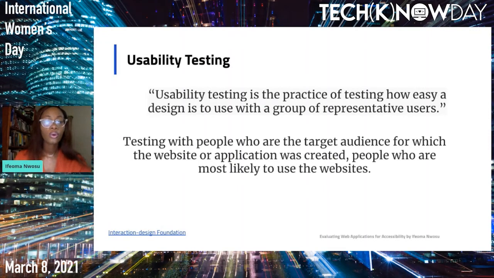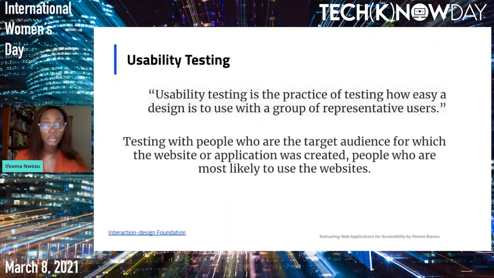You can look out for the first impressions they have of the website or the application, their initial reactions, what their flow is like, and whether they have any expectations while using your application or website.